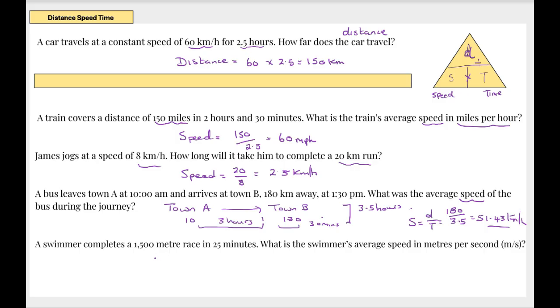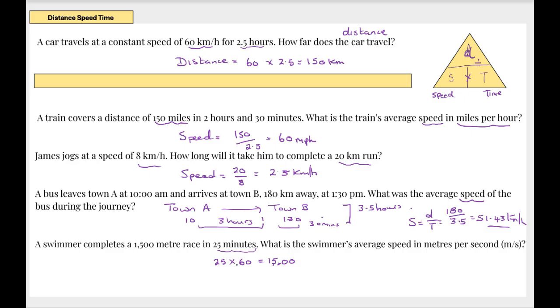Right, so let's convert our 25 minutes into seconds. To do that, I'm going to do 25 times 60, because there are 60 minutes in an hour. Now that's going to give us 1,500 seconds.